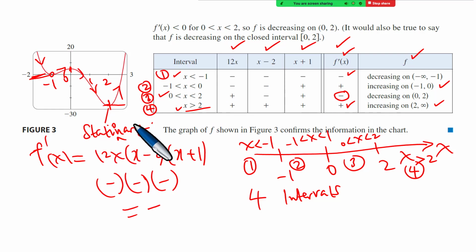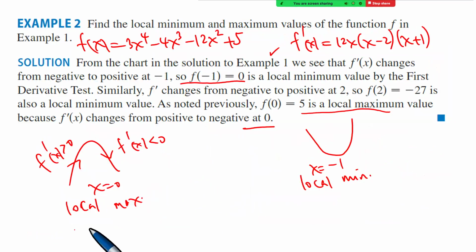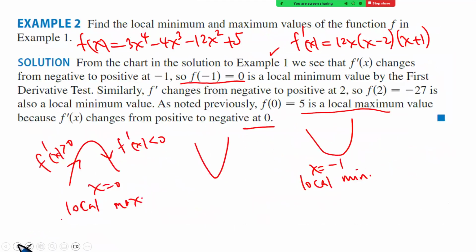So you're able to see, therefore, that at 2 there is most certainly a sign change in the derivative. It is obvious that at 2 it goes from negative to positive, the graph is sort of like this, and therefore the function has what? A local minimum there.